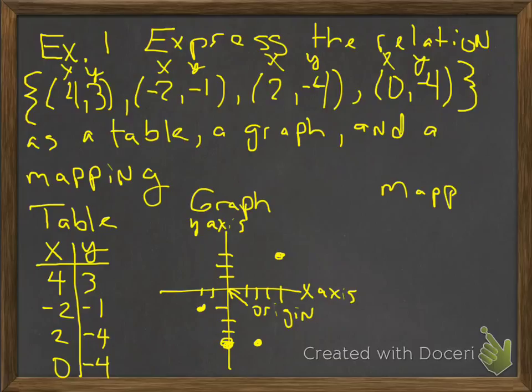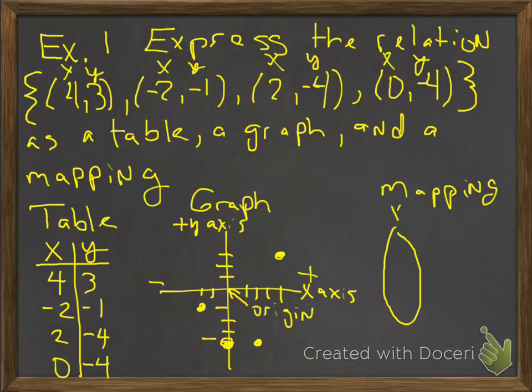Keep in mind again, x is positive over here, x is negative over here, y is positive up here, y is negative down here. So, to graph (4, 3), I went to the right 4, but up 3, that's where I got that point. For (-2, -1) I went to the left 2, and then down 1.